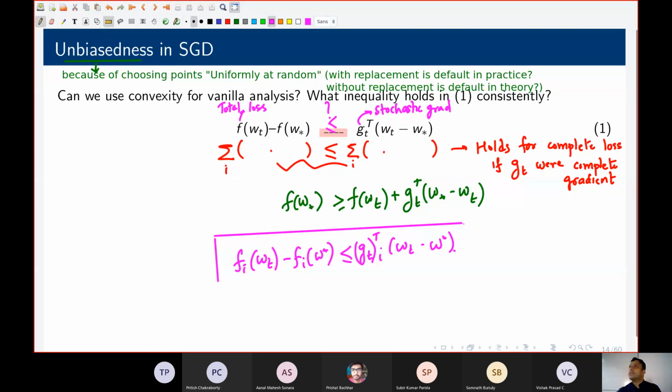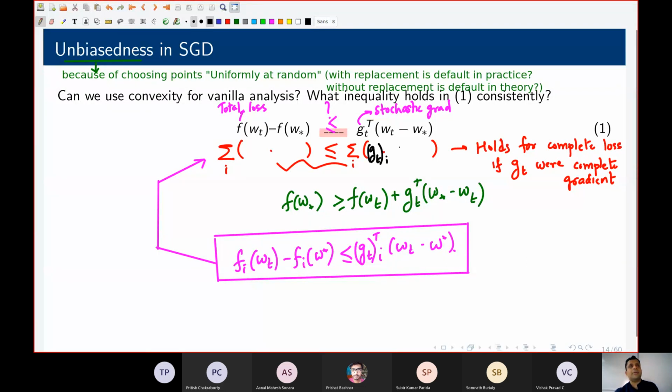This is a subgradient point, so obviously it holds. But if I were to just insert this GT, I call it GTi if you want, just to be clear, I'm assuming that GT is the gradient at the ith point, whereas the F is the entire loss. That's what I'm looking at, right? So the part below holds.